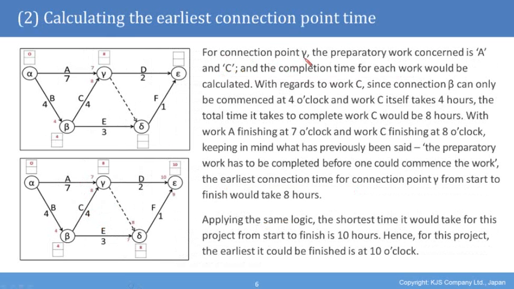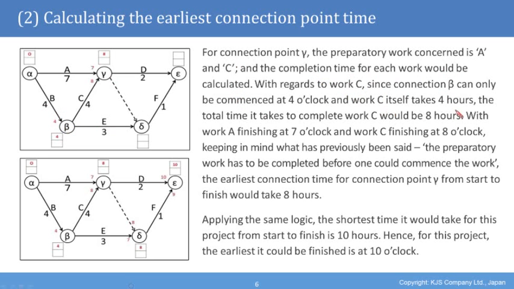For connection point gamma, the preparatory work concerned is A and C, as we can see and as we've discussed. And the completion time for each work would be calculated. With regards to work C, since connection beta can only be commenced at 4 o'clock, you can only reach this point at 4 o'clock because you must have spent 4 hours doing B to get there.